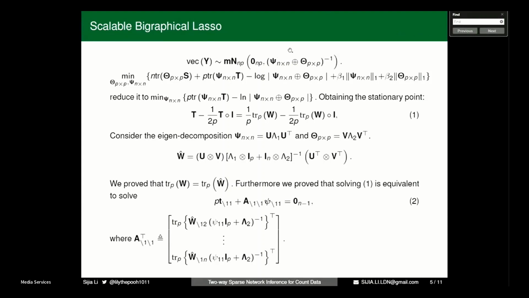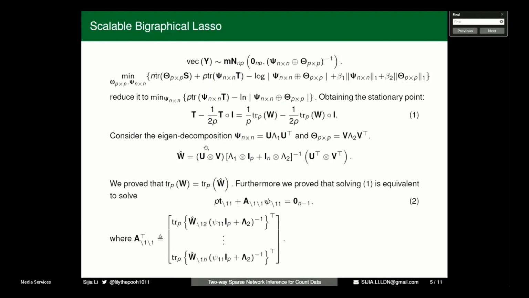The matrix psi and the matrix theta represent the inverse covariance matrices on the dimension of rows and on the dimension of columns. Then we get this objective function, log Gaussian likelihood plus some penalties, and from here we can get a stationary point focusing on one of the small inverse covariance matrices like psi.